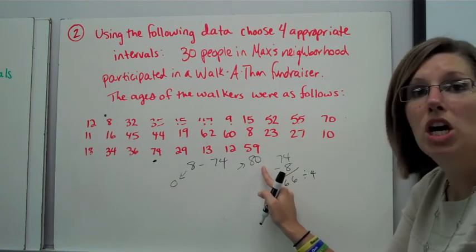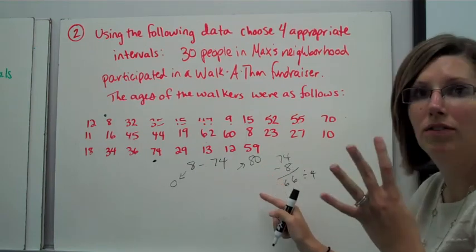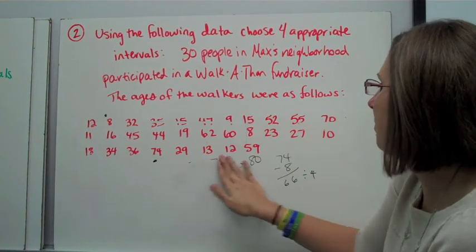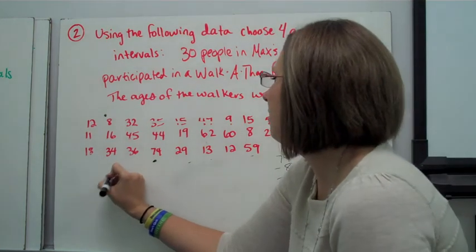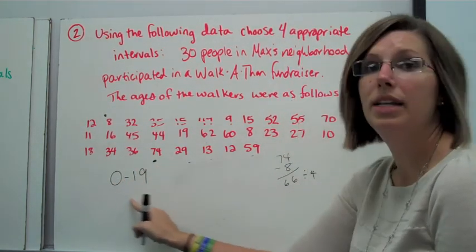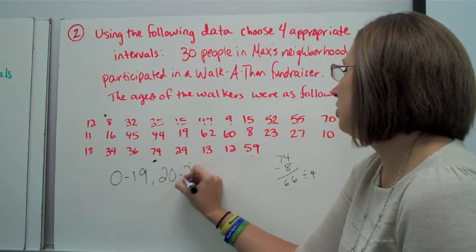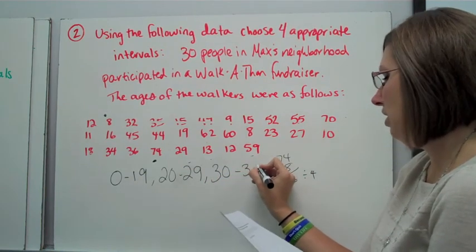Looks like I'm doing 20 pieces of data in each interval. So if I laid that out, I would have 0 to 19, because remember, that's going to contain 20 pieces of data right there. 20 to 29, 30 to 39.